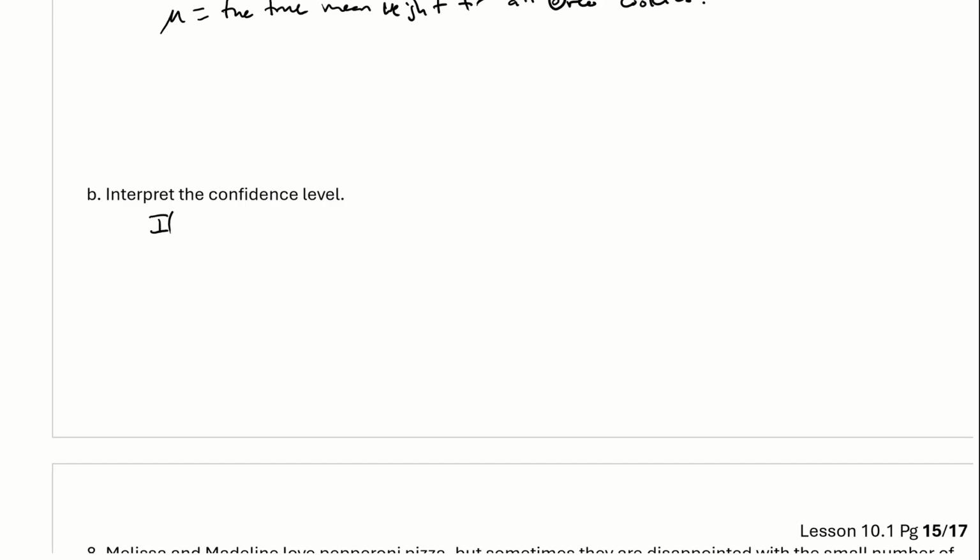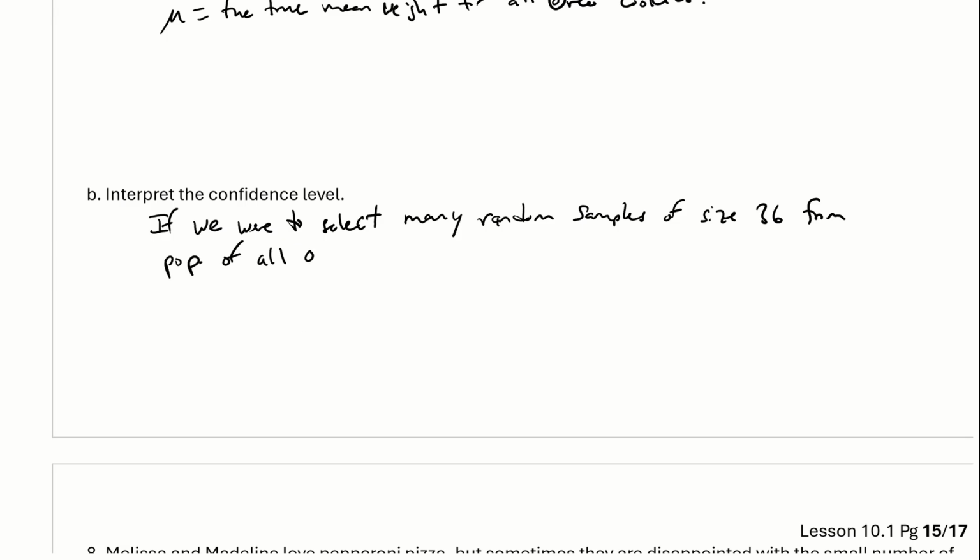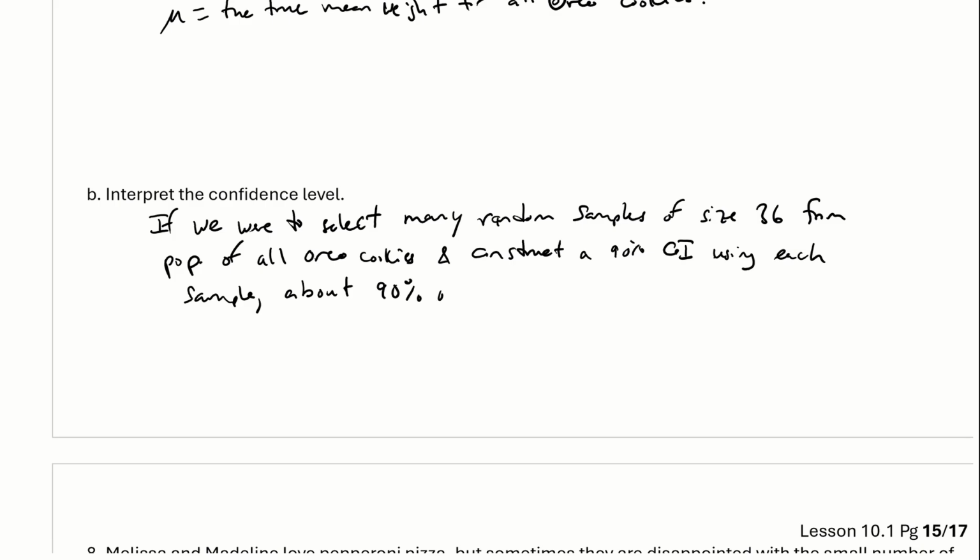Okay, so if we were to select many random samples of size 36 from the population of all Oreo cookies and construct a 90% confidence interval using each sample, about 90% of the intervals would capture the true mean weight of an Oreo cookie.